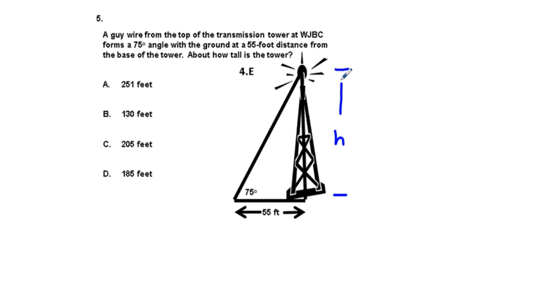We're going back to problem 4 pretty much, with the drawing this time. And that's going to be our opposite of this angle 75, right? Opposite 75 is our H. And this 55 feet below here is our adjacent.